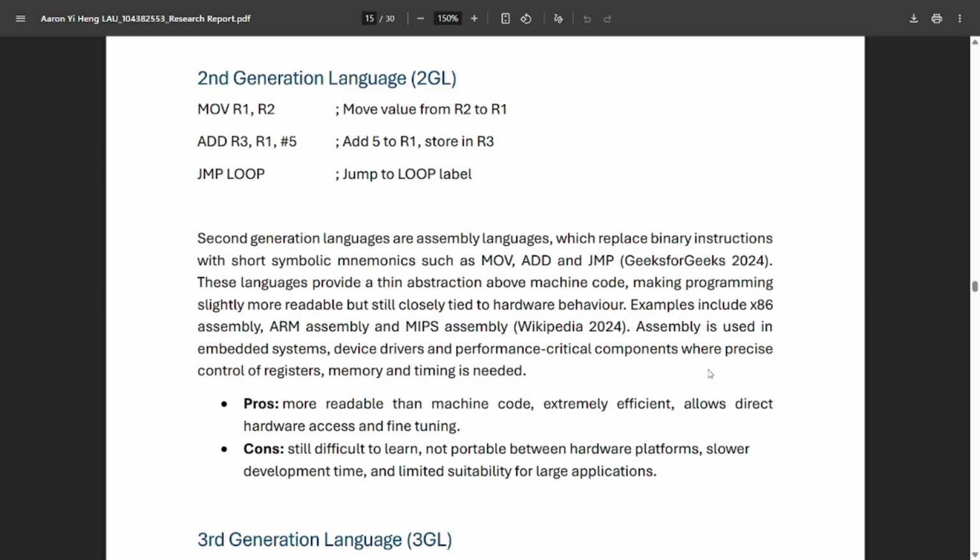Assembly is still very close to the hardware, meaning the programmer controls registers, memory addresses, and CPU operations manually. It gives very high efficiency, but it is still time-consuming to write and tied to specific hardware platforms. You would use assembly in situations where timing and performance are critical, such as embedded systems or device drivers.